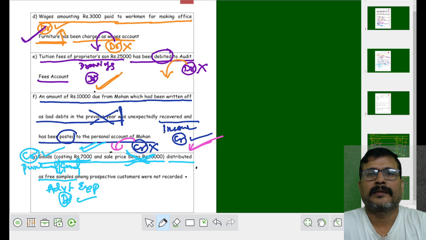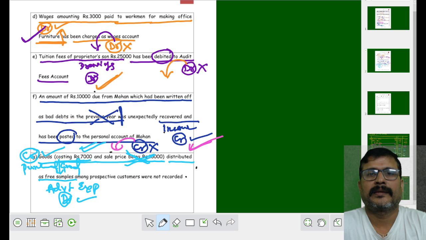What kind of goods you will eat? I can eat the goods that I have purchased. What kind of pen that I can use? I can use the only pen that I purchased. What kind of shirt I can use? I can use only the shirt that I bought. Means whatever the things you are using, whatever the things you are distributing, it is none other than the purchased goods. So purchased goods decreases, it is to be credited.